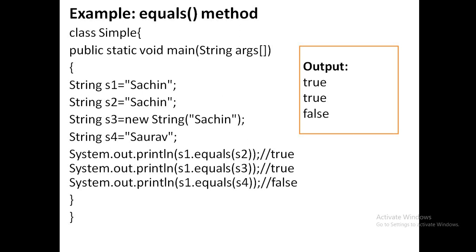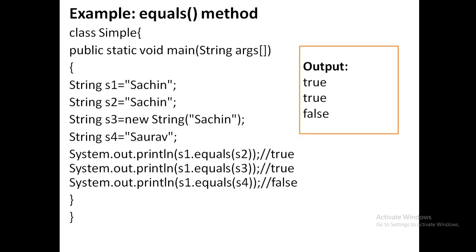In the given example, there is a class Simple, and in the main function we have declared four string variables s1, s2, s3 and s4, where in all the strings we have stored string content. In s1 we have stored Sachin, in s2 we have stored Sachin, in s3 we have used the new keyword for initializing it with the string Sachin, and in s4 we have stored the term Saurav.